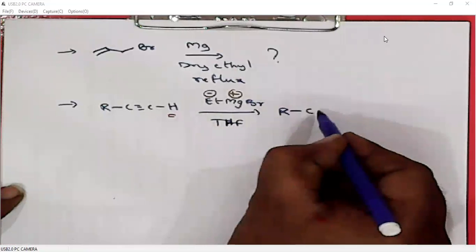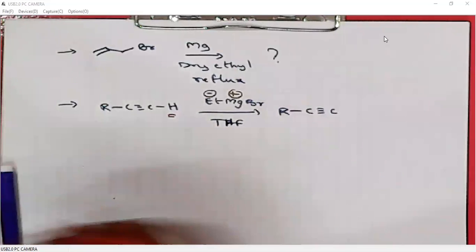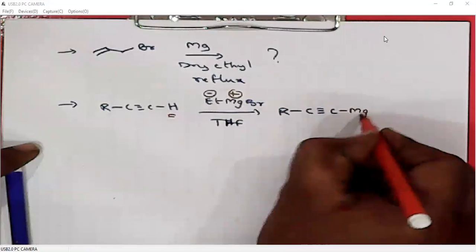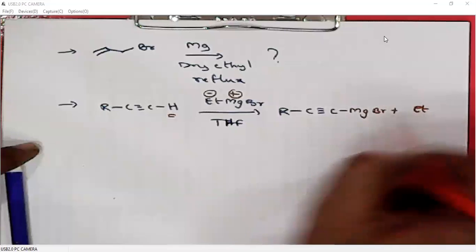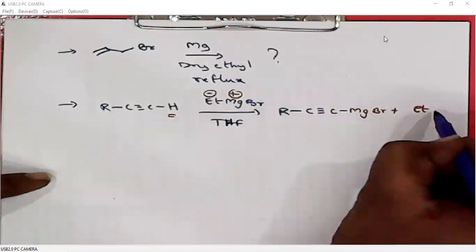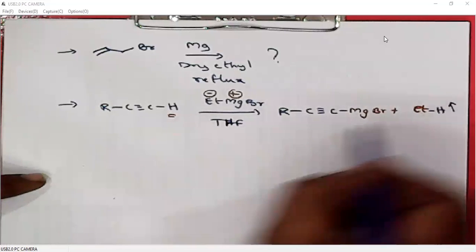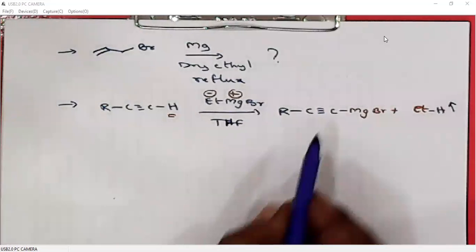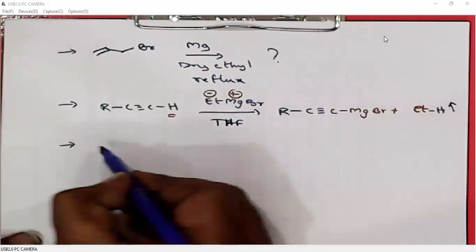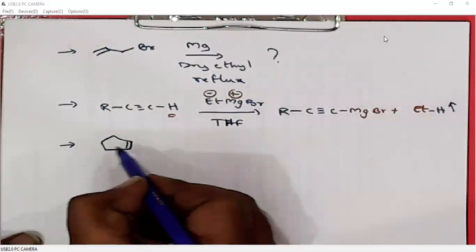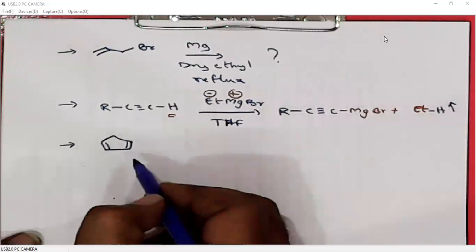So we are generating MgBr plus ethane gas. Ethane is a gas, so it will escape from the reaction mixture. So what we have is acetylene Grignard.